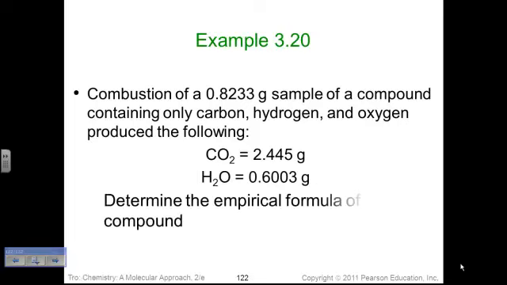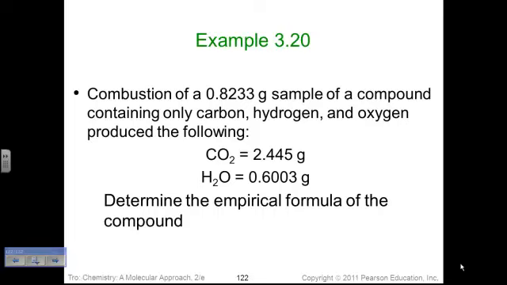The water was collected and weighed to be 0.6003 grams. Here's what we're saying. I know the weight of carbon dioxide, I know the weight of water, and I know the weight of the original sample, composed of C's and H's and O's. That's all we need to determine the empirical formula of our compound, step by step.